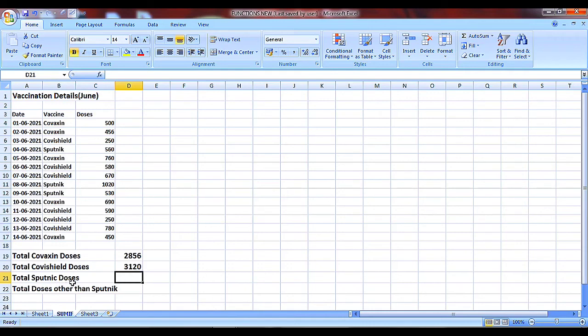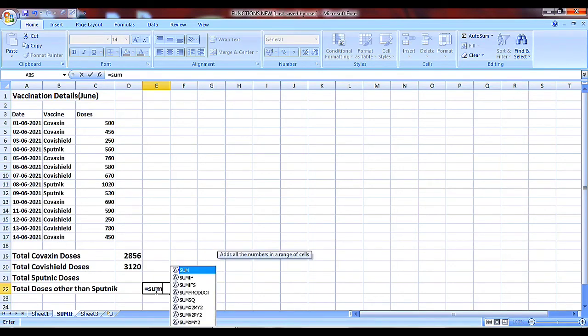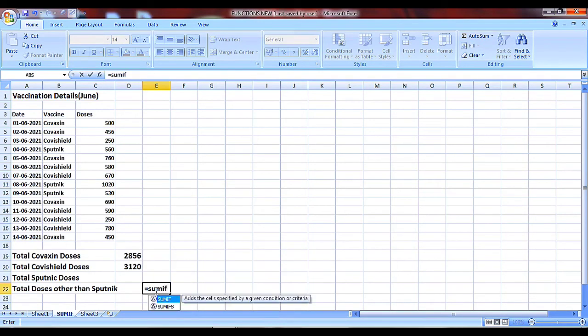In the same way you can calculate total Sputnik doses. Now total doses other than Sputnik. Here the condition is, again range is this range only because we are checking the condition on this column. Here criteria is vaccine is not equal to Sputnik.